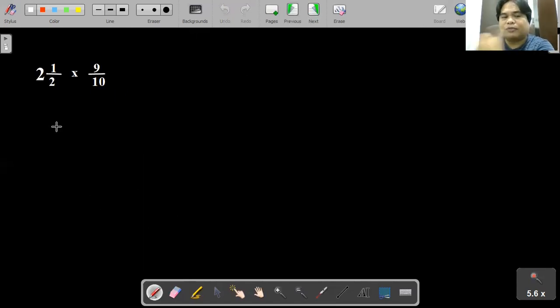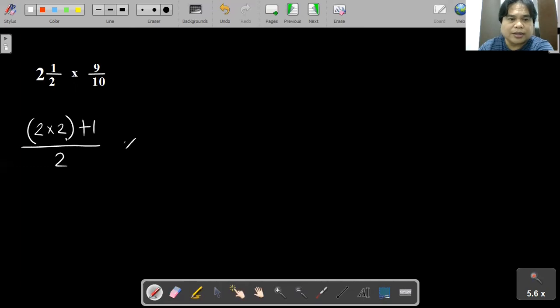Again, as I said in the previous example, first transform the mixed number into an improper fraction. You multiply the denominator with the whole number, which becomes 2 times 2, and then add the numerator, all over 2, times 9 over 10. 2 times 2 is 4, plus 1, you get 5 halves, multiplied with 9 over 10.